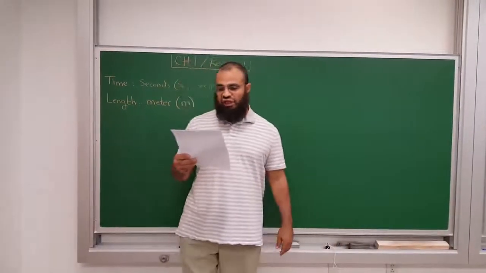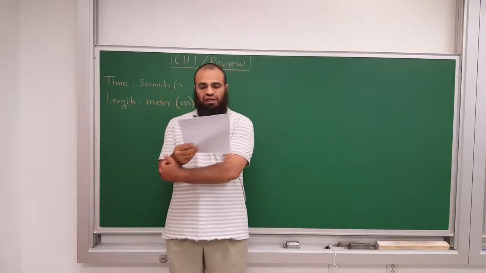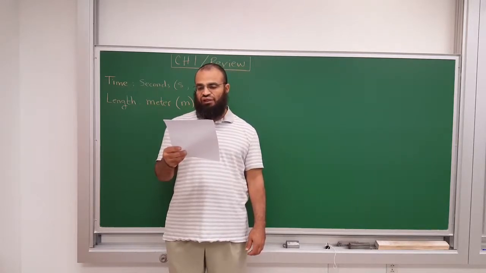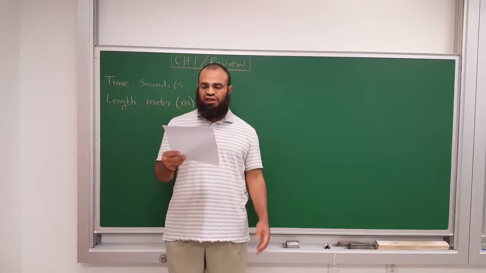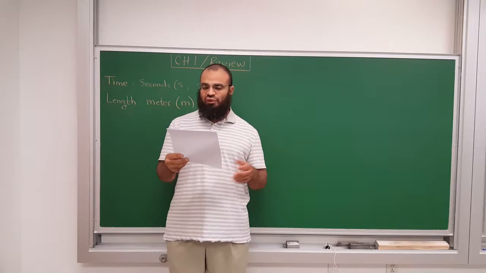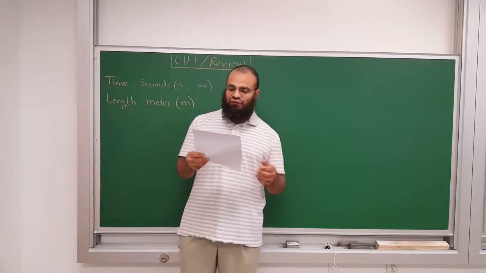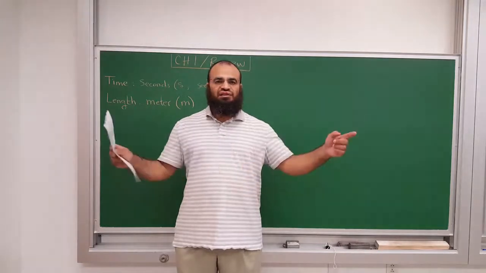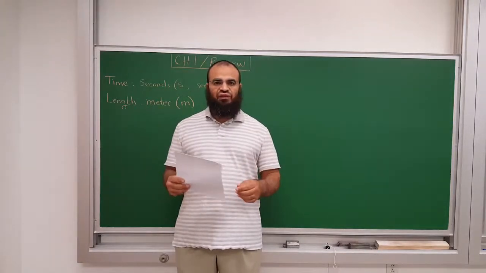It says 1 meter is the distance traveled by light in vacuum during 1/299,792,458 of a second. So take a second divided by this large number, 299,792,458, and that's the distance that light travels in that duration of time.